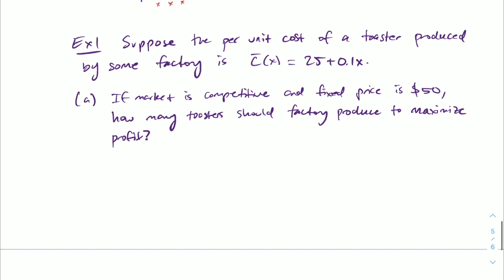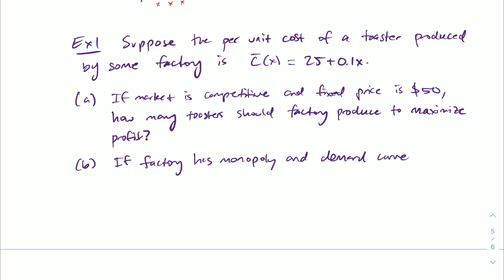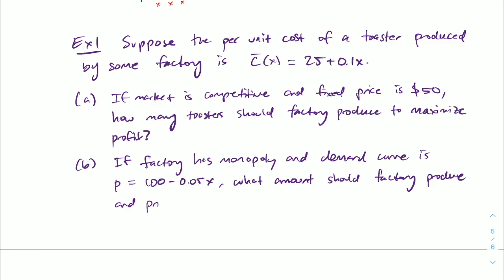And then B, if the market is controlled by this company, so if the factory, this company, has a monopoly, and the demand curve is given by this function, price equals 100 minus 0.05x, what amount should the factory produce, and what price should they set to maximize profit?